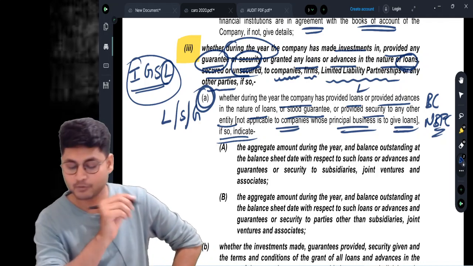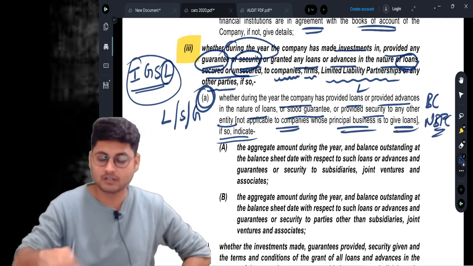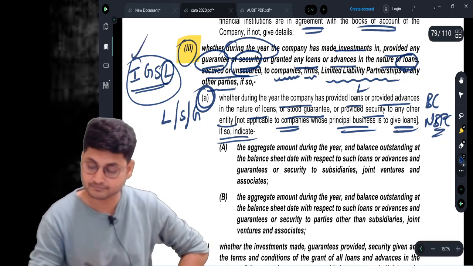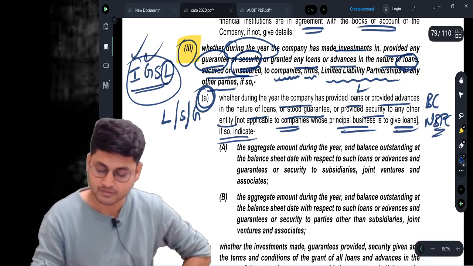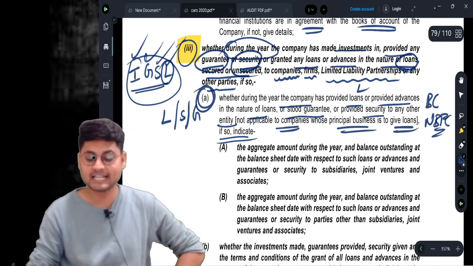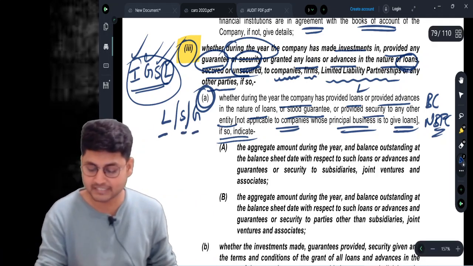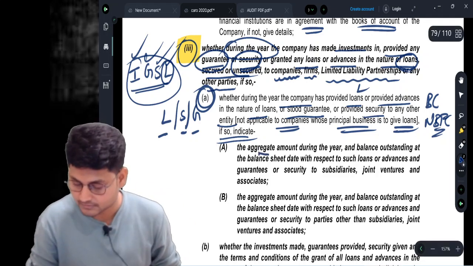Now subclause A, what is it trying to say? In aggregate, what is the main heading of clause number 3? It can be investment, guarantee, security, loan. In aggregate, it is talking about 4 things. However, subclause number A is talking about loan, security, guarantee to any person. Then you need to report the amount.